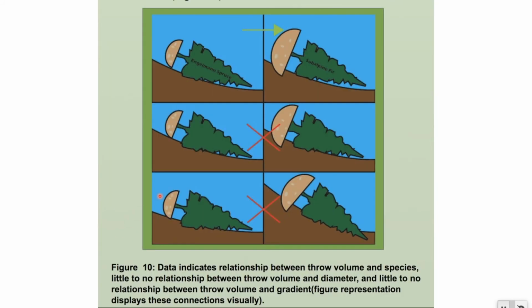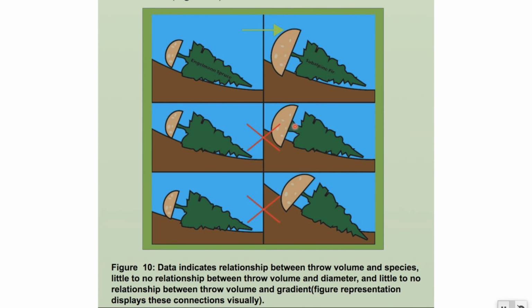So here's sort of a visualization of our conclusions that we found from our data. We saw that subalpine fir seemed to create larger throws, as indicated by this diagram.